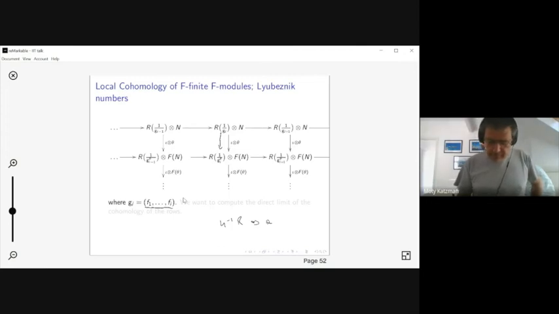a finite F-module. This is a generating morphism for it.